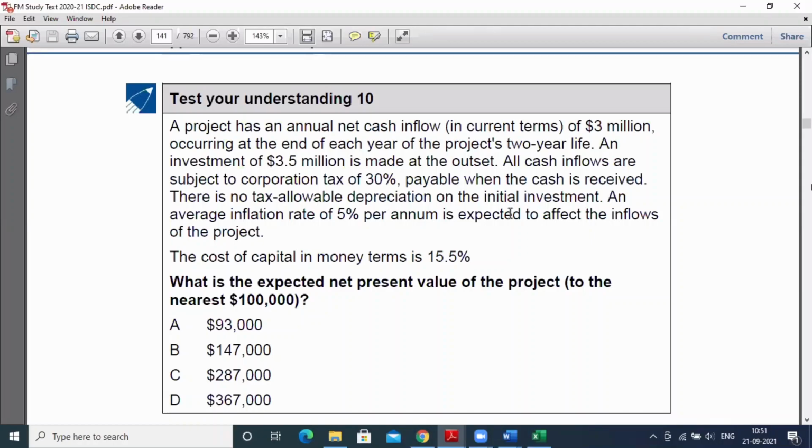All cash inflows are subject to corporation tax, subject to a corporate tax of 30%. This tax is payable when the cash is received. If nothing had been mentioned, we would have assumed it as tax in arrears. But they clearly highlighted that it is payable when the cash is received, so that is the reason we are considering it.